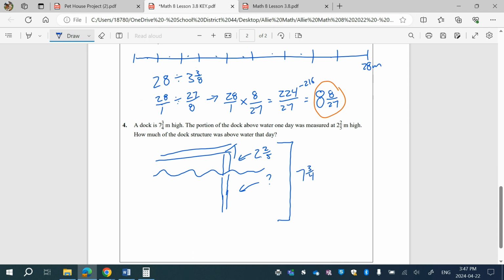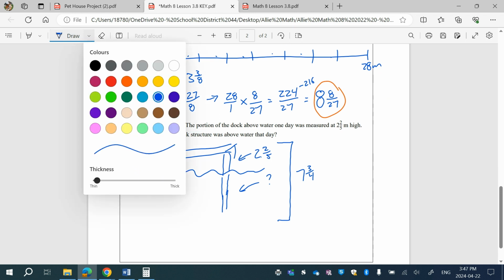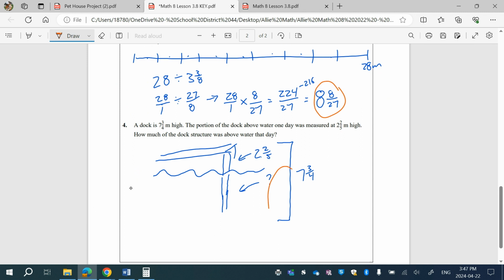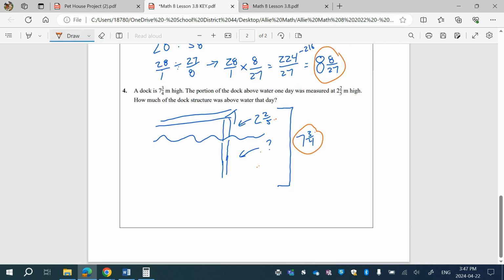Okay, so this is the whole dock. We need to find just this portion of it. So what we're going to need to do is minus. This is our total. If we minus this, we should get this part that's underneath the water. Okay, so do I have room? I do.